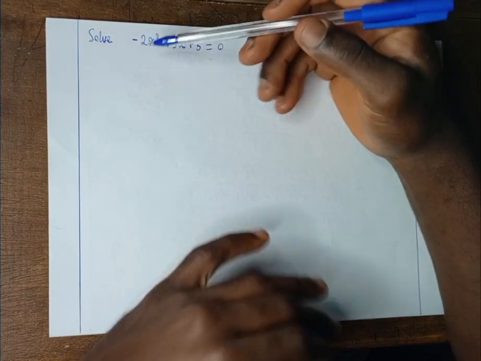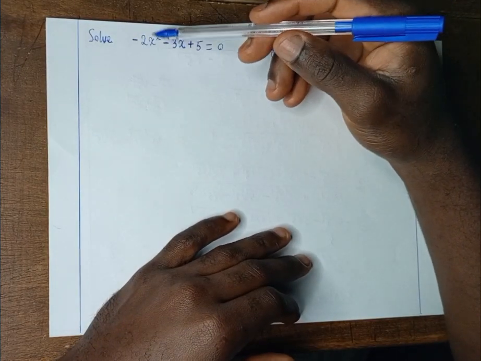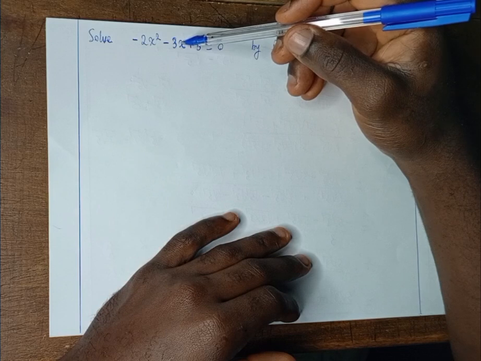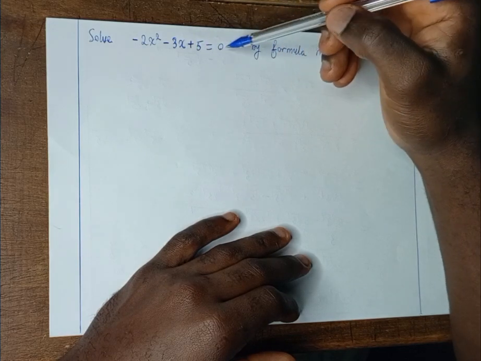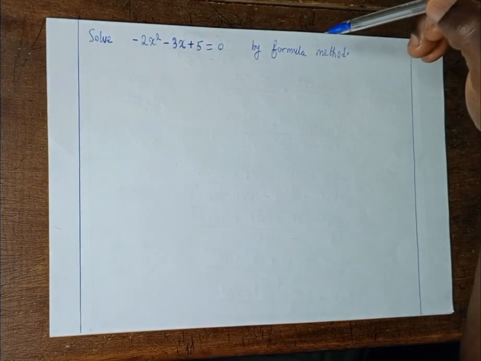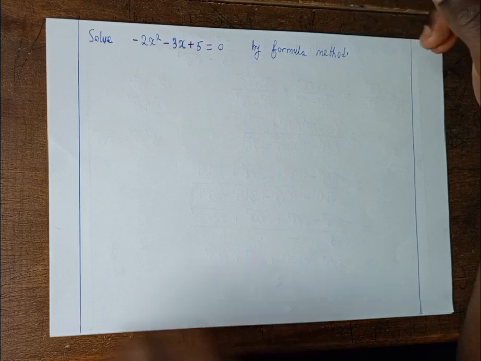We are to solve the quadratic equation negative 2x squared minus 3x plus 5 equal to 0 by formula method.